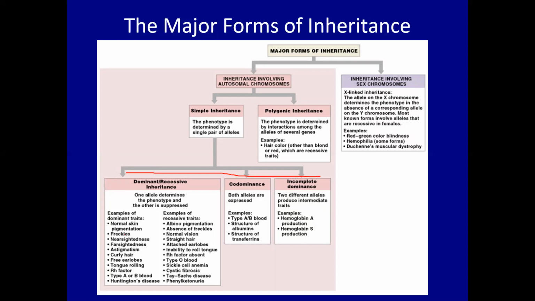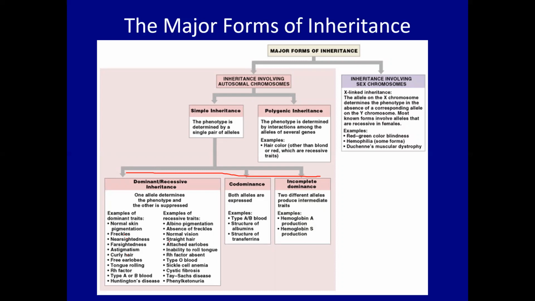Nearsightedness is dominant. Curly hair is dominant. Straight hair is recessive. It's actually dominant to be nearsighted. Neither one of my parents was nearsighted, but both my brother and I are nearsighted. So that indicates to us that our parents were heterozygotes for nearsightedness.